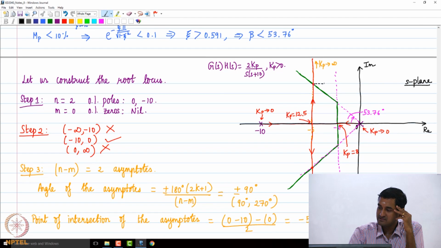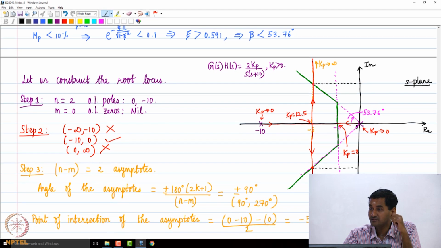What is this value? And similarly, what is this value? What is 5 times tan of 53.76? Please take tan 53.76 multiplied by 5. What do you get? 6.82. So this is going to be j times 6.82 and this is going to be minus j times 6.82.